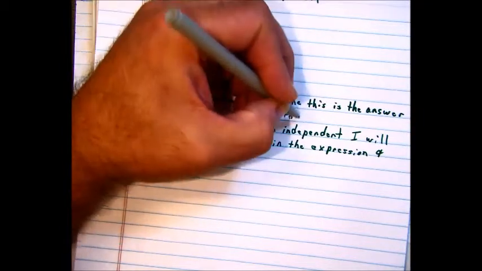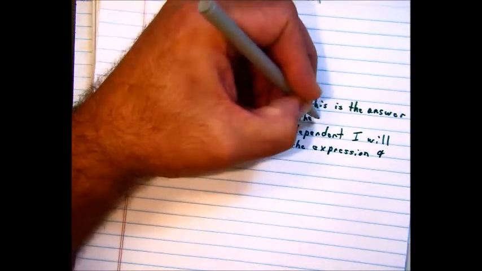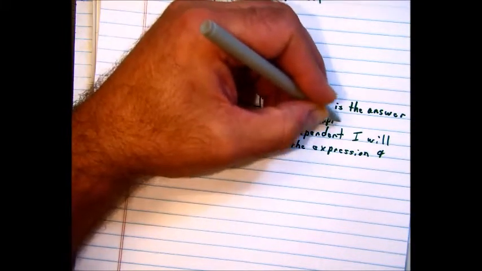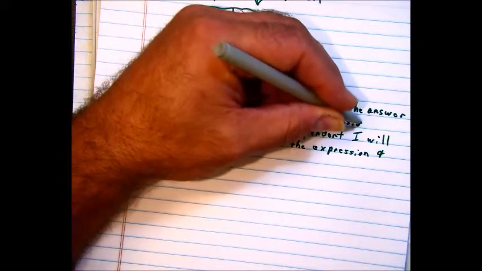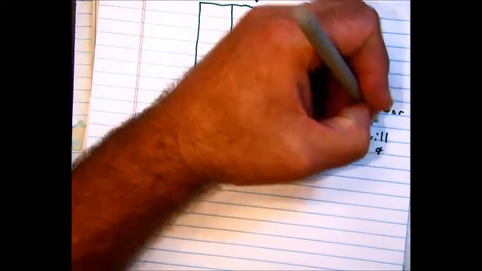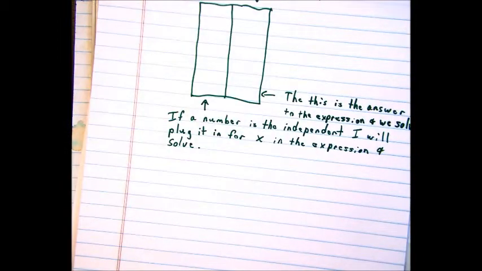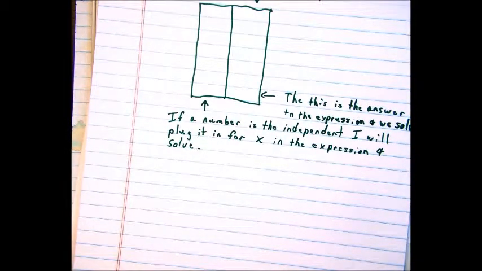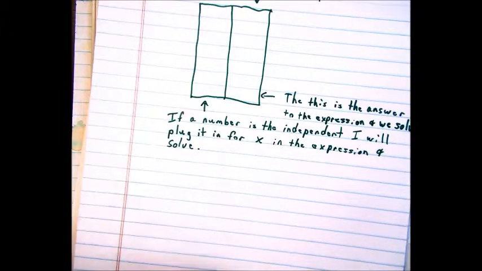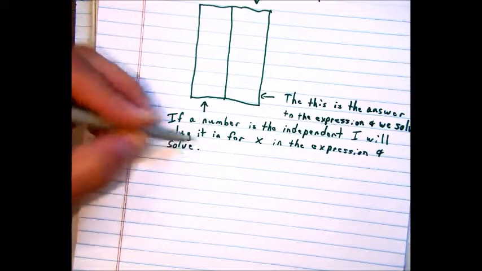I put it in as the answer to the expression and we solve. Okay? That means we solve for x. Okay? So this one we plug it in and we do the math work on our calculator.